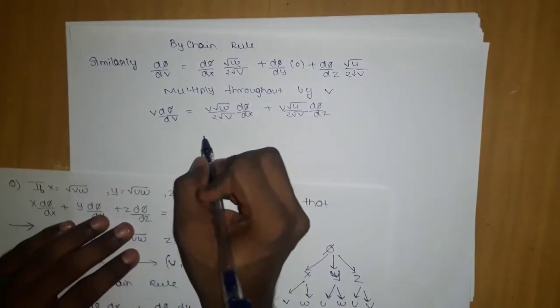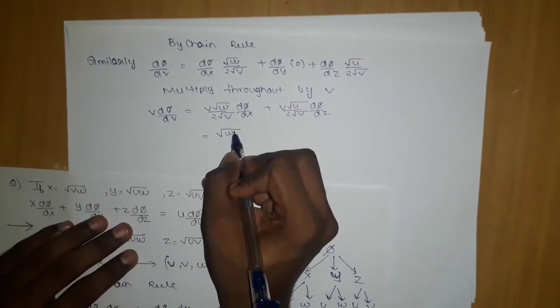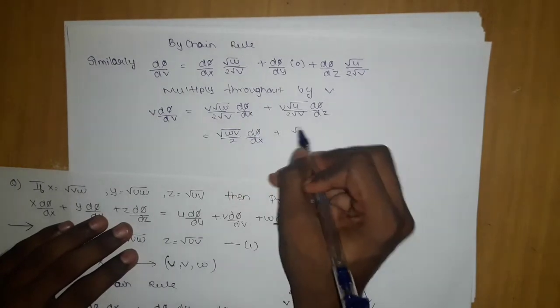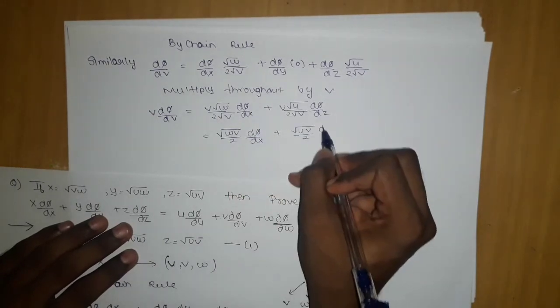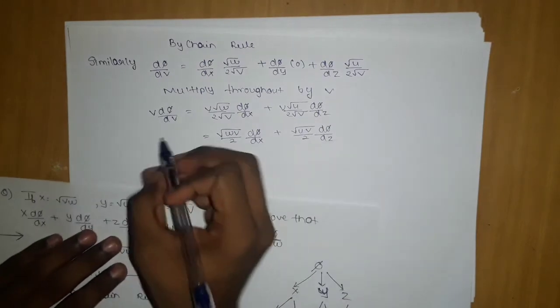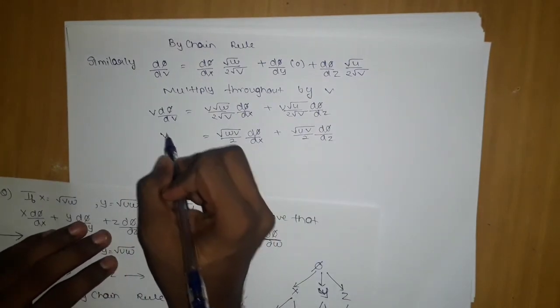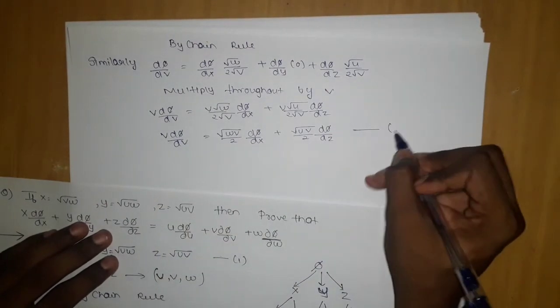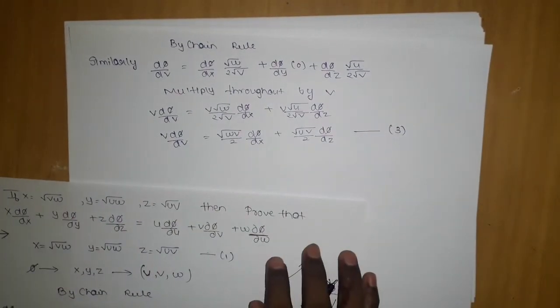If I rationalize this, I am going to get under root uv by 2 dou phi by dou x plus under root uv by 2 dou phi by dou z, which is nothing but v dou phi by dou v, which we will call as 3. So we got this thing.